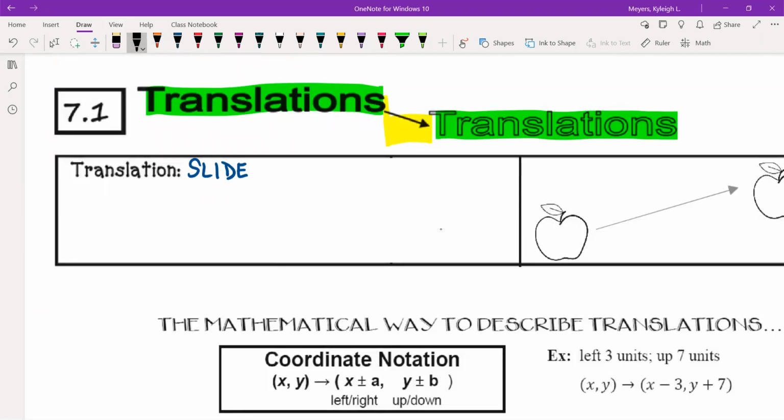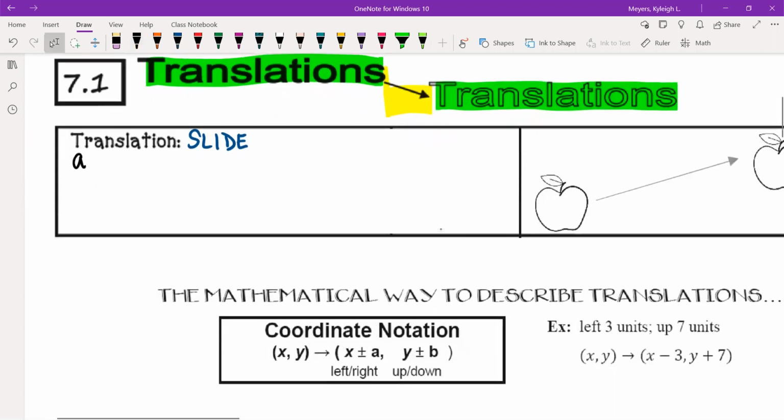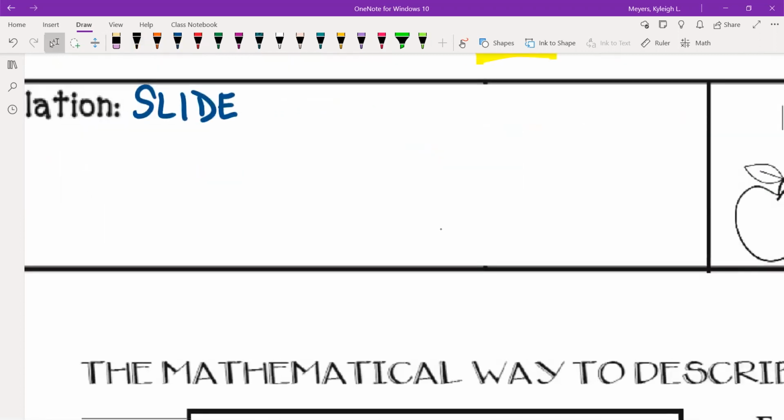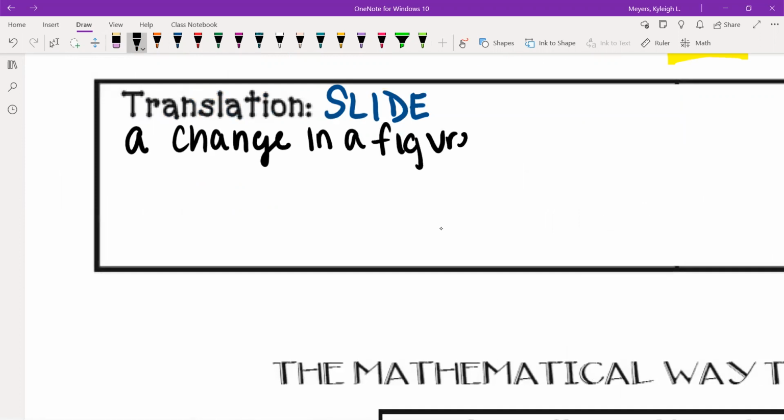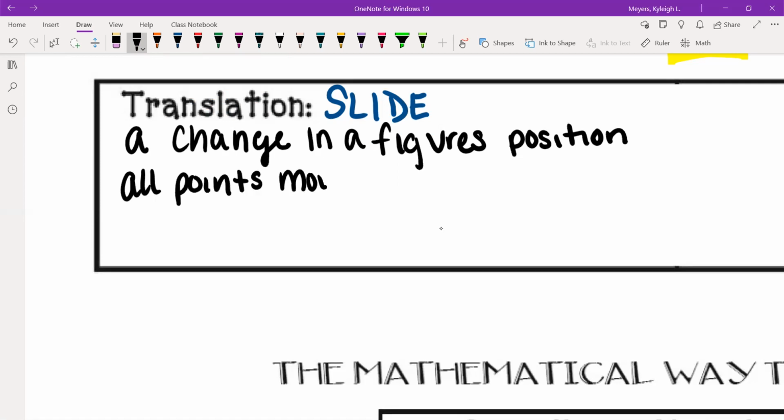And it's really a change. It's a change in a figure's position. So you're going to want to zoom in a lot. So it's a change in a figure's position. All points move the same distance.